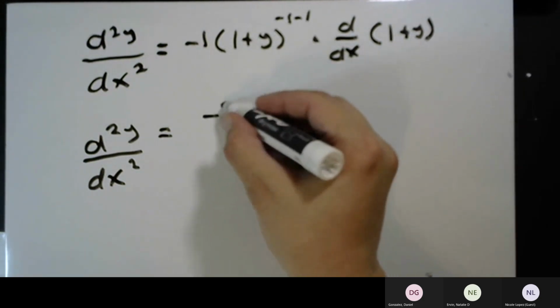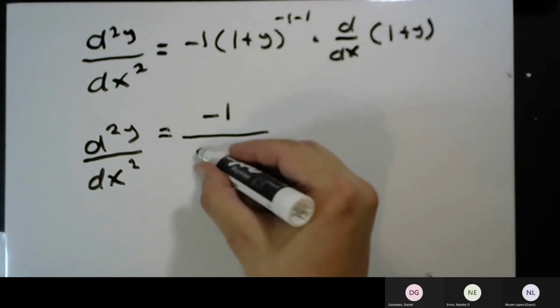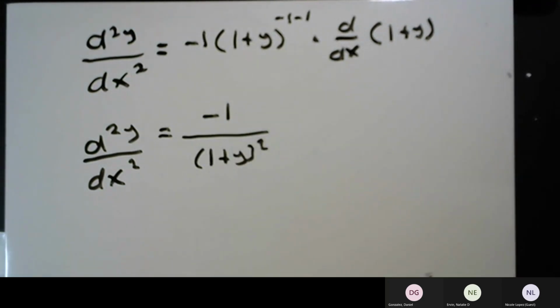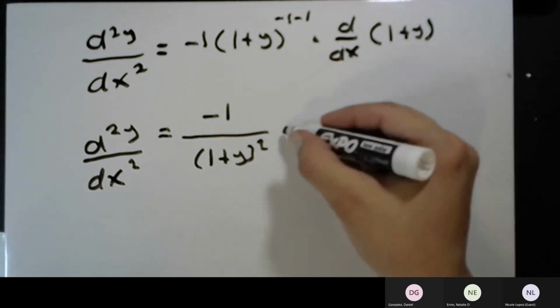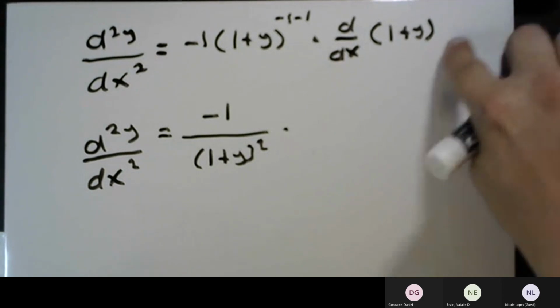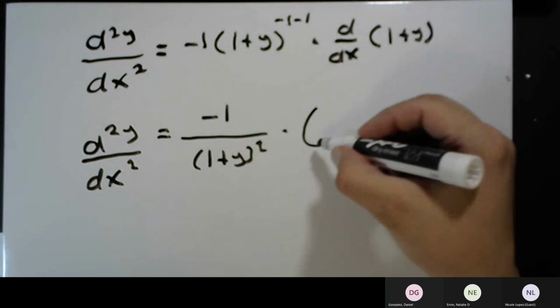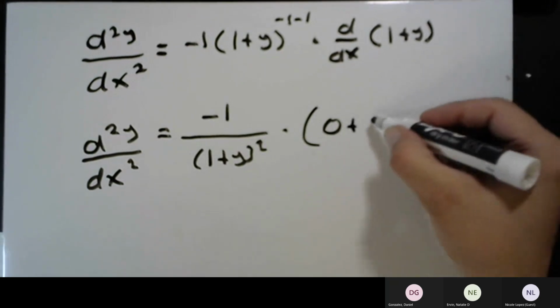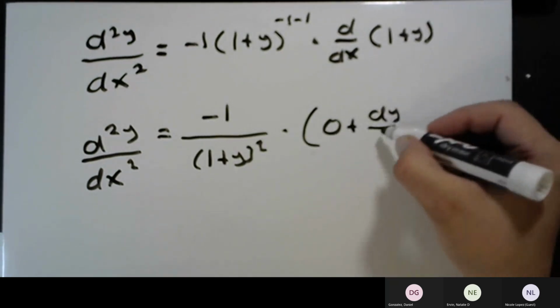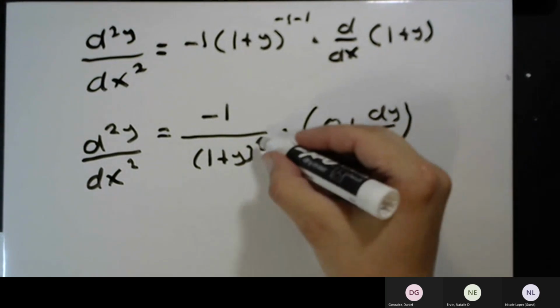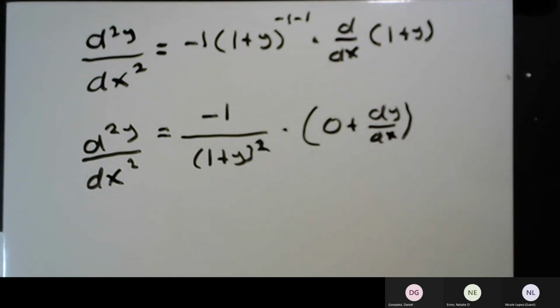So it's going to be -1 over (1 + y)², times, ooh, I erased my thing, but I have it down below. You're going to have the 0 plus dy/dx. This is a 2. There we go.